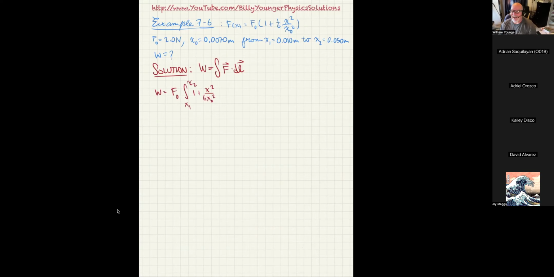That is going to be dotted, so it'd be that times i hat dotted with dx i hat. Again, you're just going to pull the dx next to it, and the i hat dot i hat is going to be 1, so we'll just say dx like that.